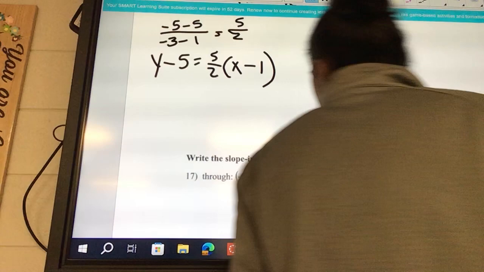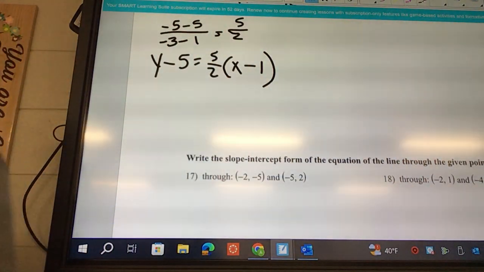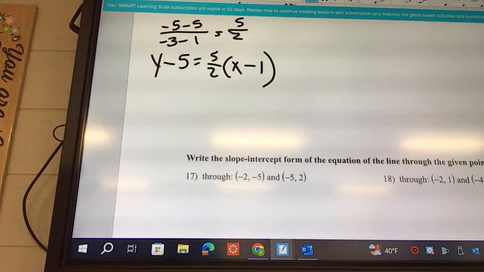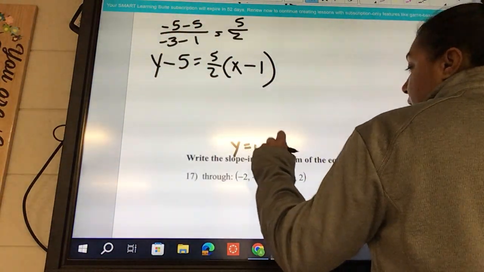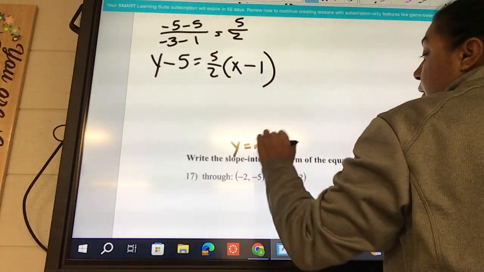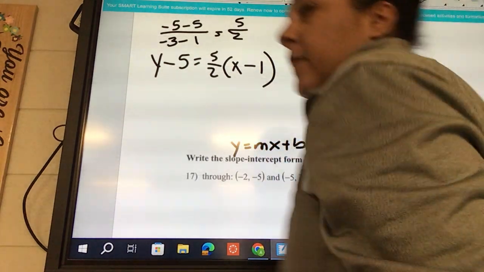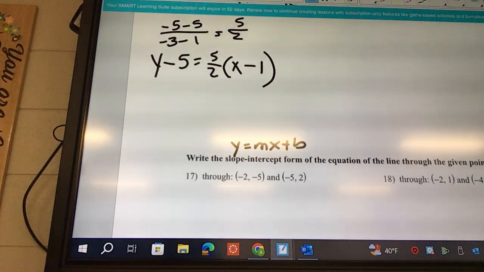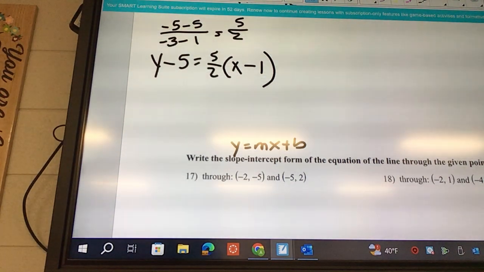Okay, the last section on here is not much different. However, we need to get it in slope-intercept form, which is this. For these, you're just gonna do all 3 steps.